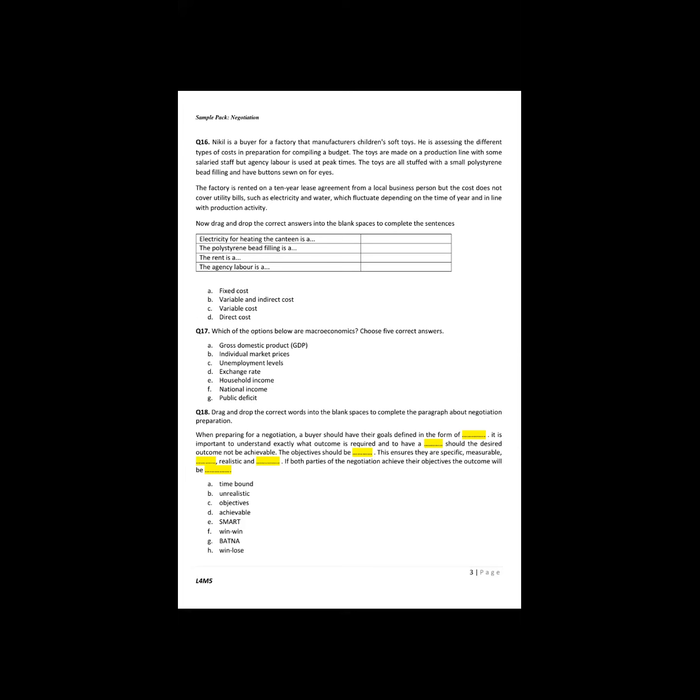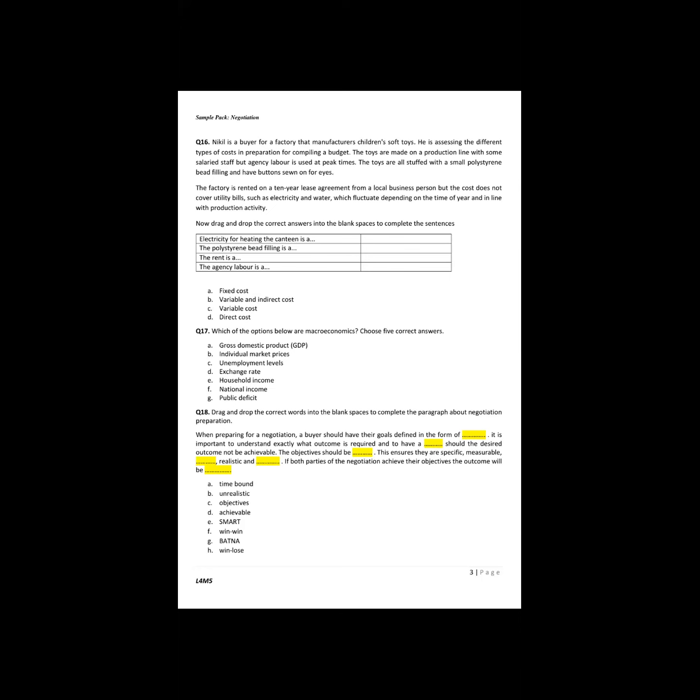So Nikhil is a buyer for a factory that manufactures children's soft toys. He is assessing the different types of costs in preparation for compiling a budget. The toys are made on a production line with some salaried staff, but agency labor is used at peak time.